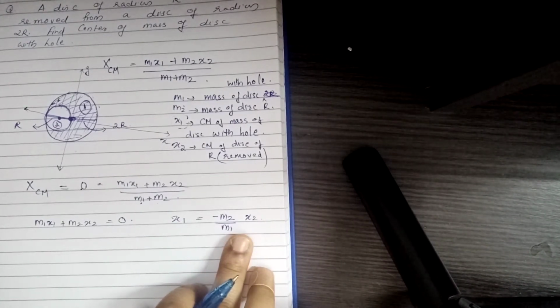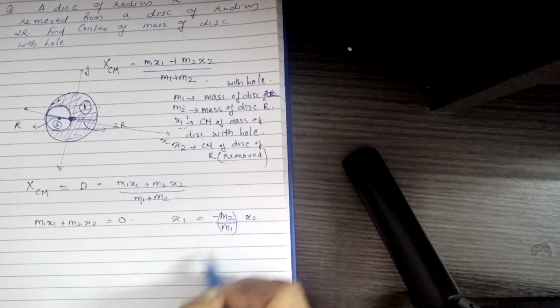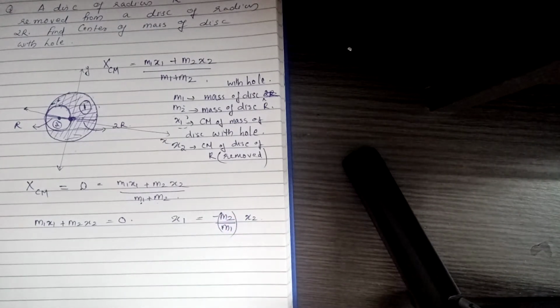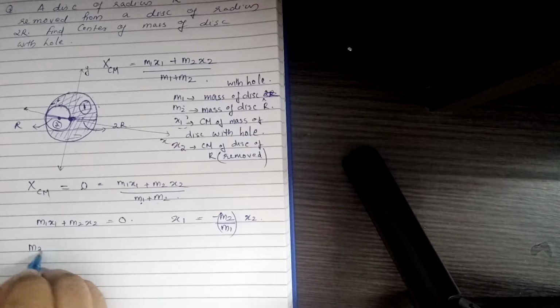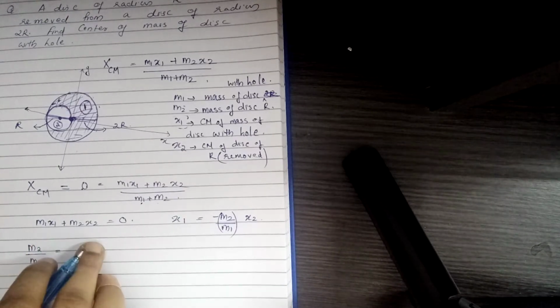Now what I'm going to do is find this ratio m2 by m1 in terms of density and volume. So m2 by m1, where mass is density into volume.